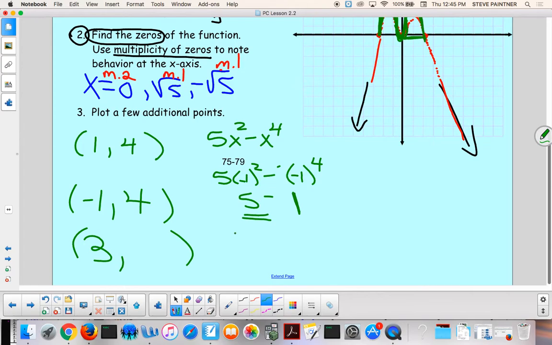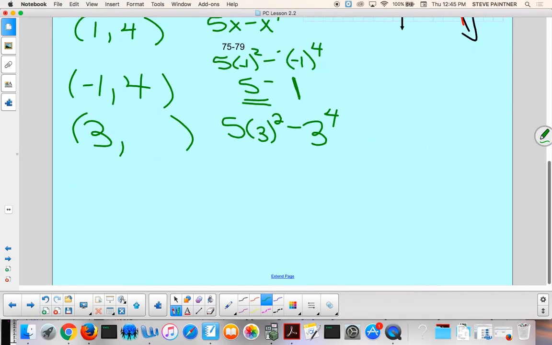Put a 3 in, you get 5 times 3 to the second is 3 to the fourth. This is 9. 9 times 5 is 45. Minus 81. What's the answer? -36. -36, okay. There it is.